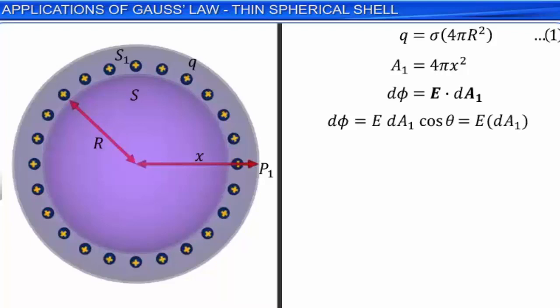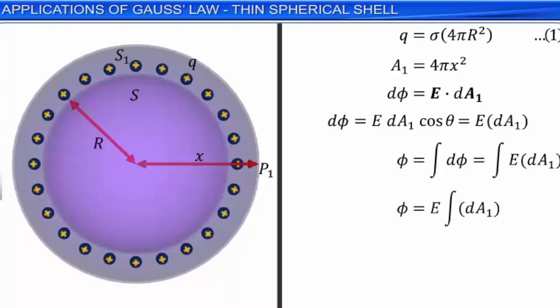The total electric flux phi is now equal to integral d phi, which is equal to integral E dA1. Since E is constant in magnitude for every point on the Gaussian surface S1, phi is equal to E into integral dA1.